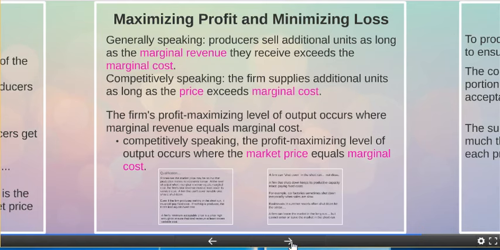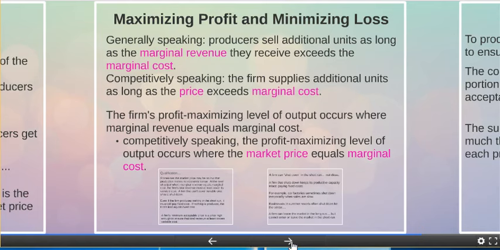Revenue is money, so it's the change in money they receive. So generally speaking, producers sell additional units as long as the marginal revenue exceeds the marginal cost. If they're not receiving more money than they're spending, then the firm's not going to survive.